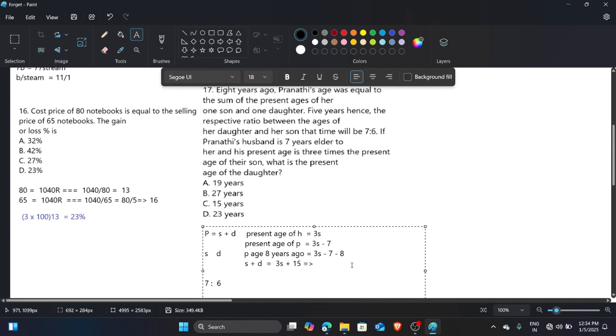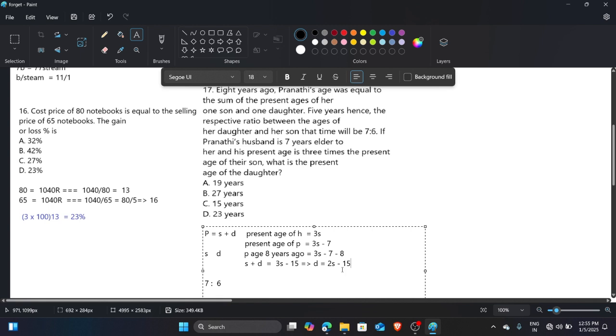So we make the side of that, so d equals again 2s, and sorry, it is of minus sign. So again we get 2s minus 15. Now this is the relation between the daughter and son.